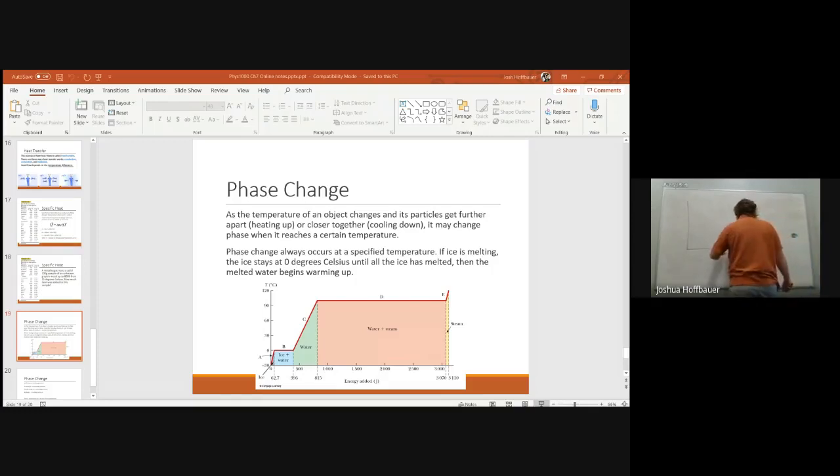The x-axis represents thermal energy added to an object. So as we scale horizontally across the graph to the right, it shows what happens when you add more and more thermal energy to something. On the vertical axis is temperature.